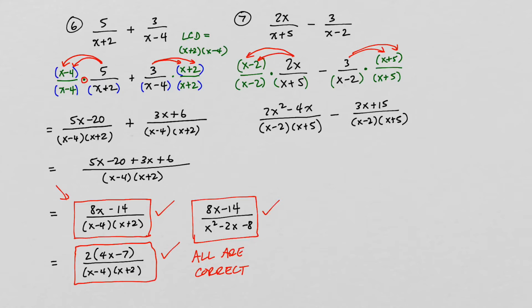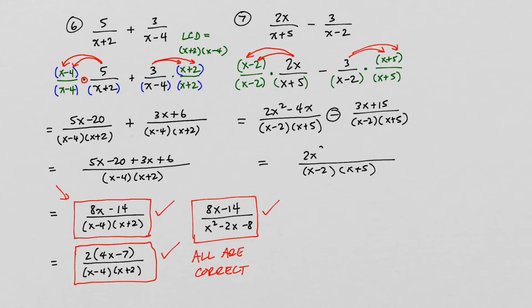And now from here, you can see we have a common denominator. That's good. That means we're going to have that same denominator in our answer. And what we need to do is subtract the numerators.